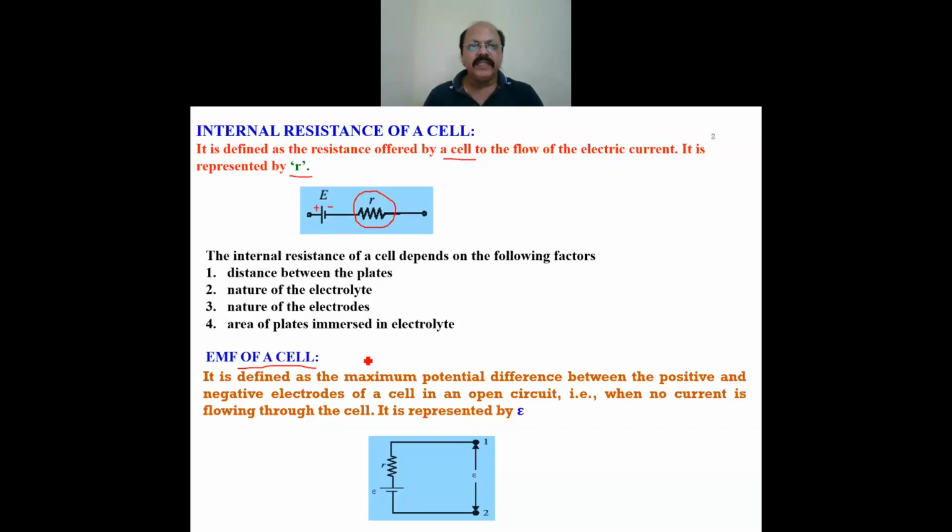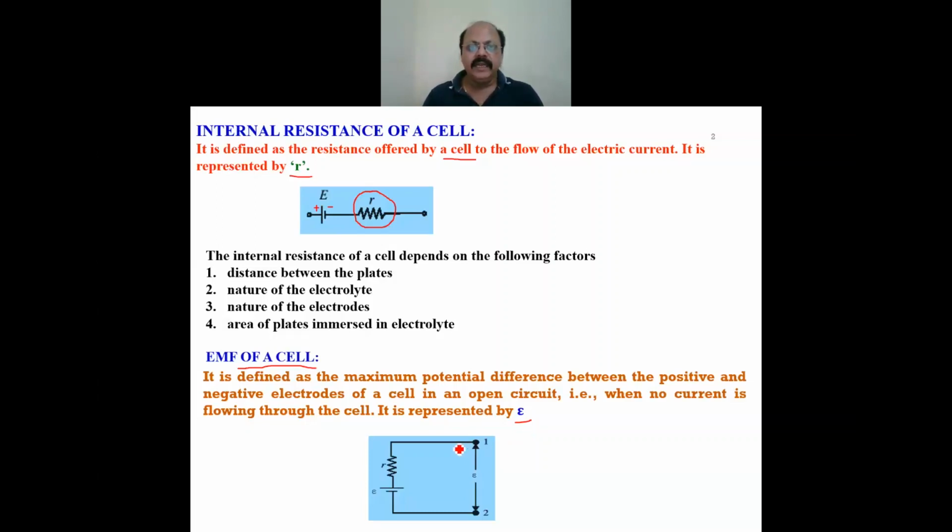So EMF of a cell can be defined as the maximum potential difference between the positive and negative electrodes of a cell in an open circuit. What is the meaning of open circuit? When no current is flowing through the cell, that is called open circuit. It is represented by E.